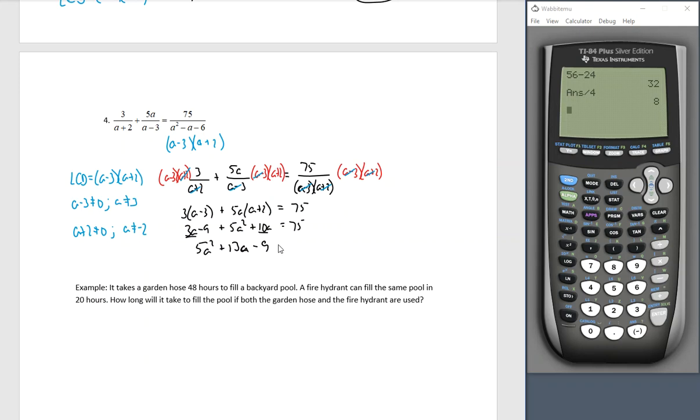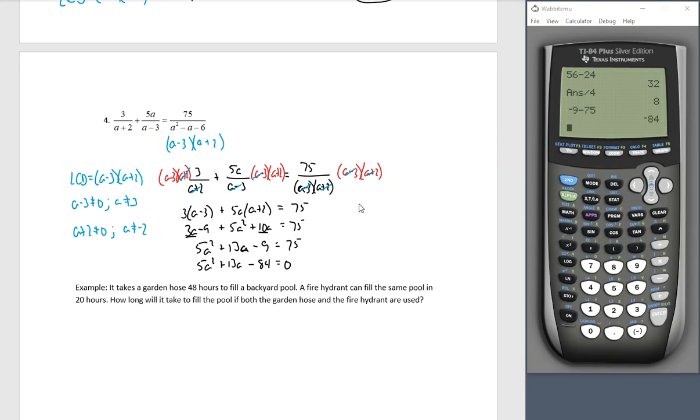My a's are turning into c's. Equals 75. And if I have a negative 9 and I subtract 75 to the other side, that'll be a negative 84. So I'm looking at 5a squared plus 13a minus 84 equals 0. Next step, we factor.